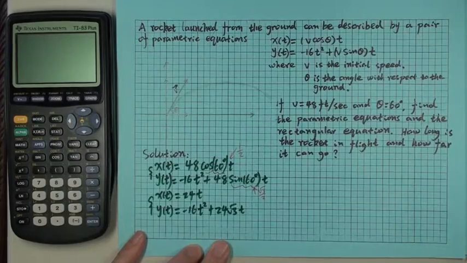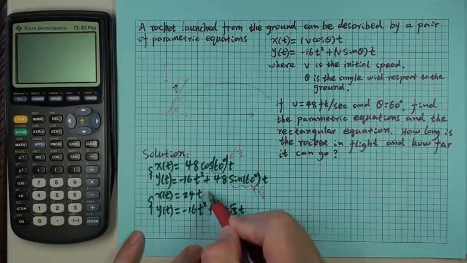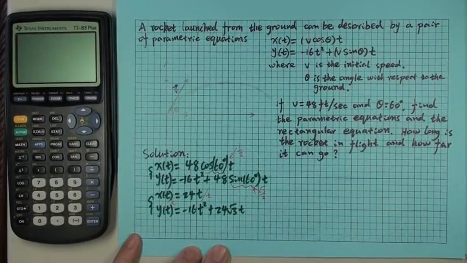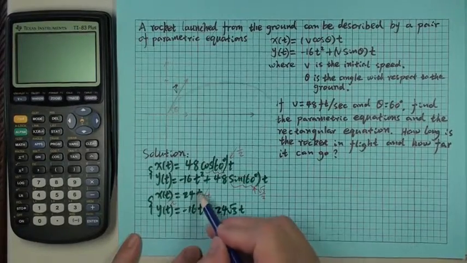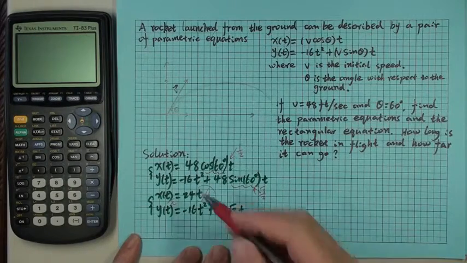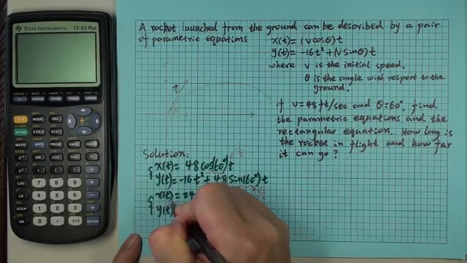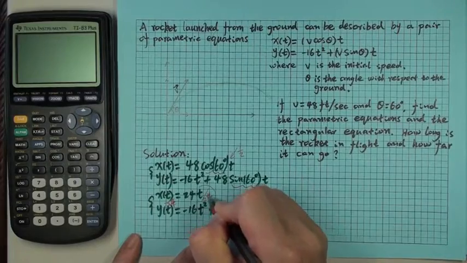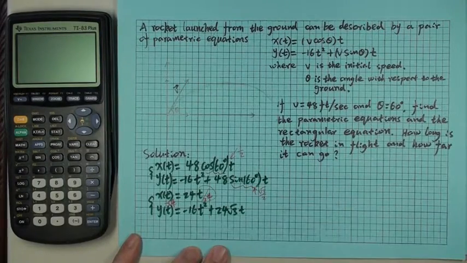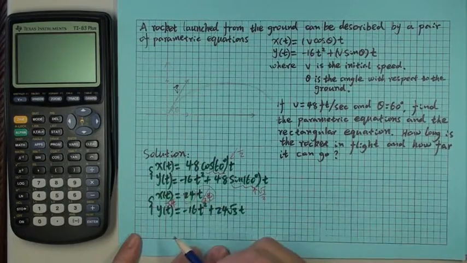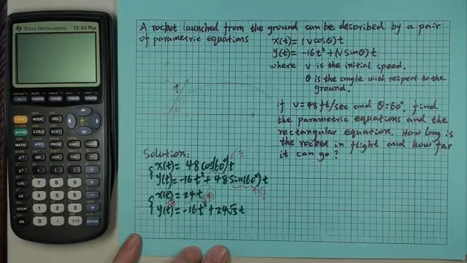For the first one, divide both sides by 24, and then you cancel the 24 with this 24, so t stands alone on the right.